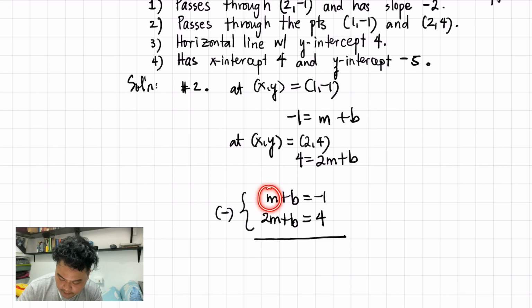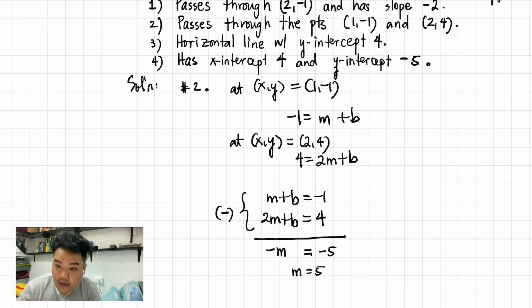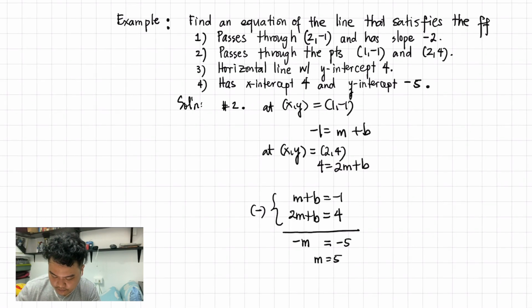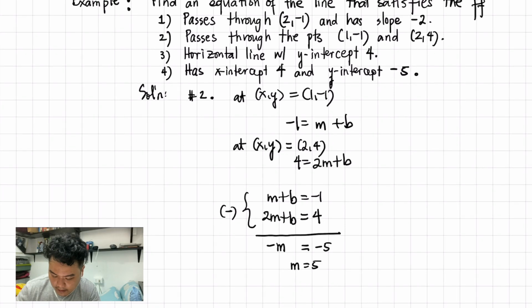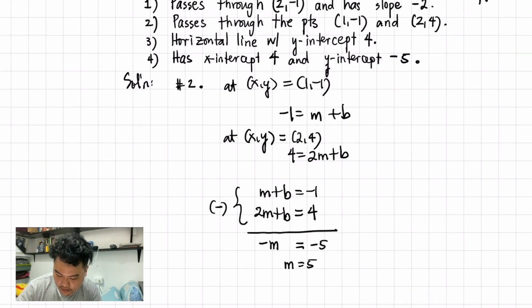Okay? So m minus 2m is negative m. b minus b, they cancel out. Negative 1 minus 4 is negative 5. So m is 5. So you now have m. And how do you get b? You can use any of these 2 equations, plug in m equal to 5, and then solve for b.